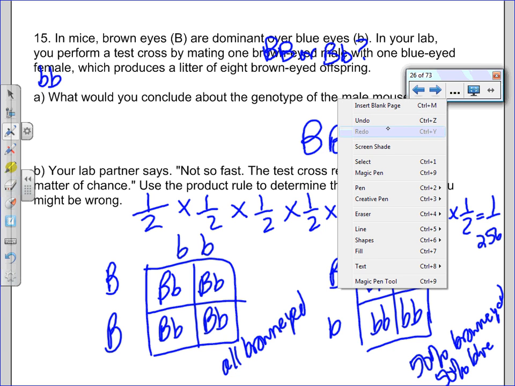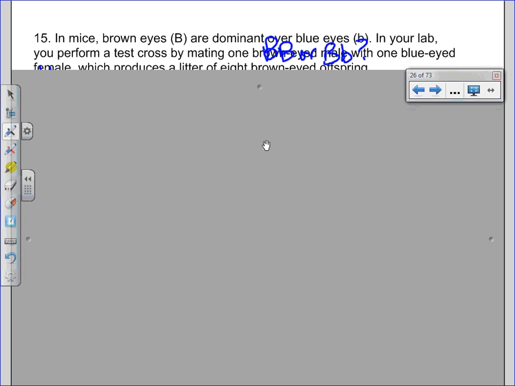Oh, I need the screen. So, number 15. In mice, brown eyes, big B, are dominant over blue eyes, little b. In your lab, you perform a test cross by mating one brown-eyed male. So if he's brown-eyed, he could be big B, big B, or big B, little b.